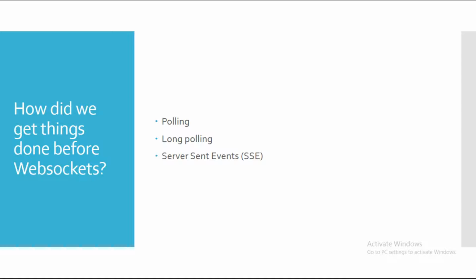So this also is not duplex, but here also you can achieve something close to real-time communication, because the server can execute scripts on the client as it maintains an open connection with the client. So these are some of the technologies or methods that were used to achieve real-time communication before WebSockets.